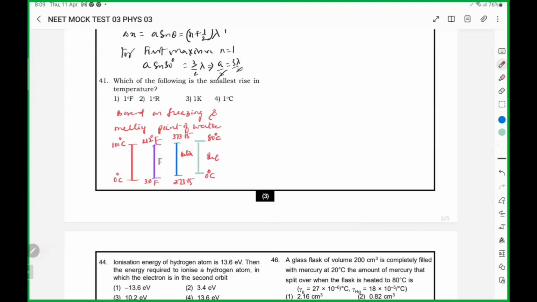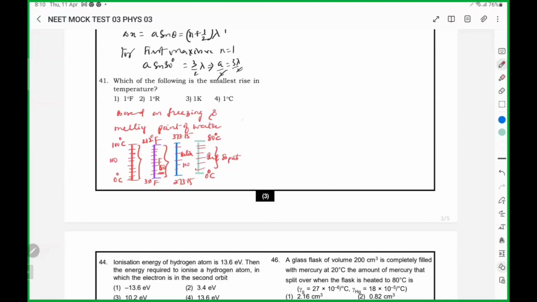So it is nothing but the same range divided equally into 100 parts here. Here 212 minus 32, 180 parts. Here it is 100 parts. Here it is 80 parts. So since the same range is divided into more parts, obviously 1 unit on the Fahrenheit scale will be less.